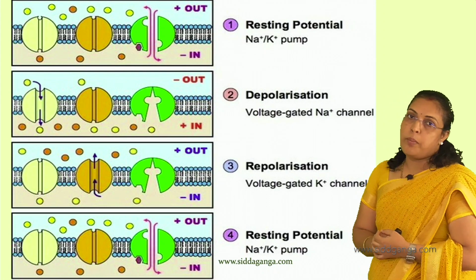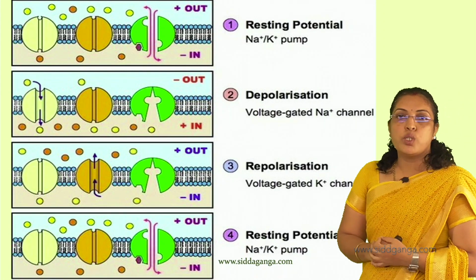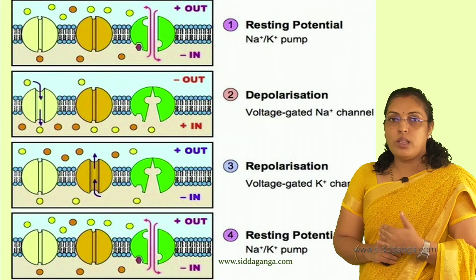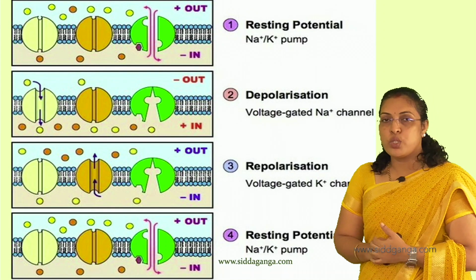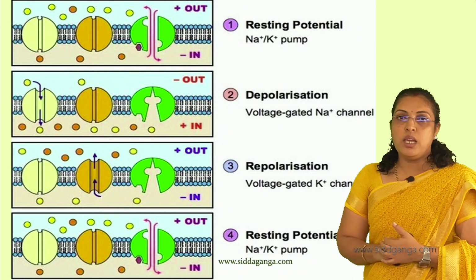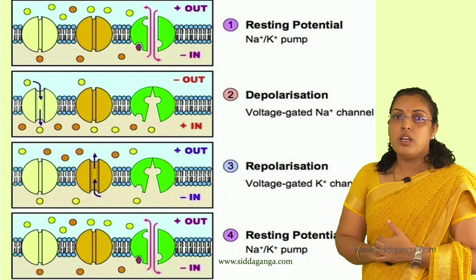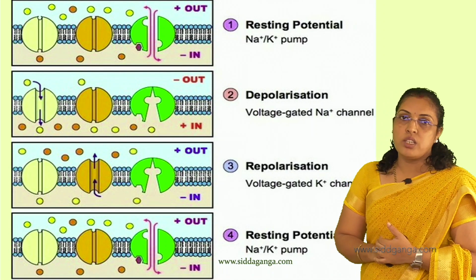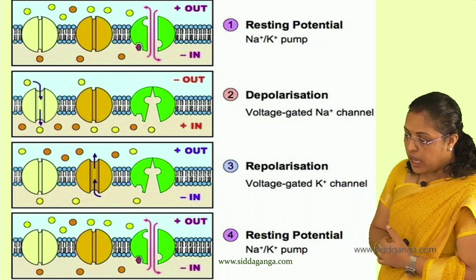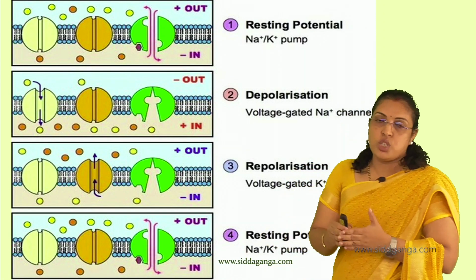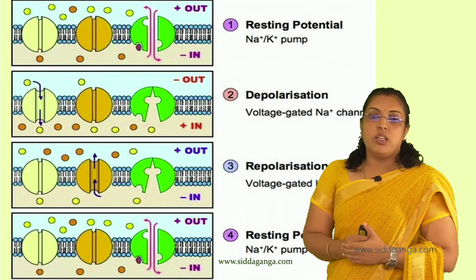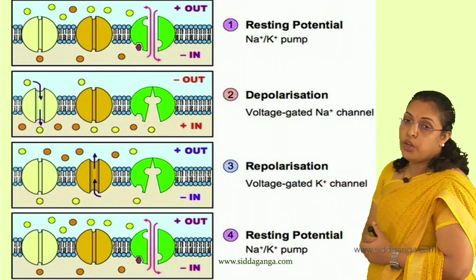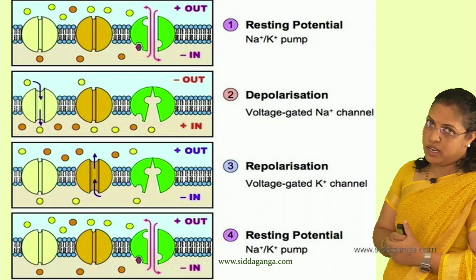When a stimulus is applied, voltage gated channels for sodium are going to open. In the second diagram they have shown that. So the influx of sodium occurs, which results in a depolarized state where the stimulus is applied. In that area we see negative charge outside and positive charge inside. Again, when the action potential is shifted to the next region, the previous region will become repolarized due to the opening of voltage gated potassium channels.